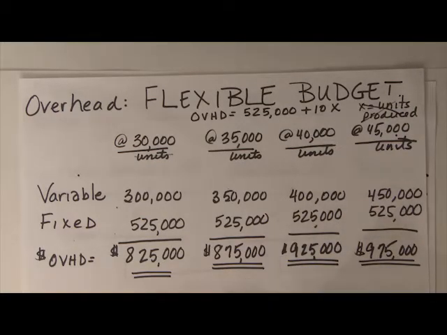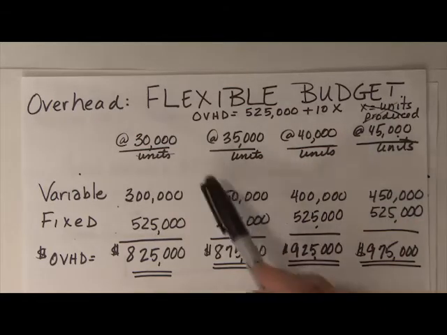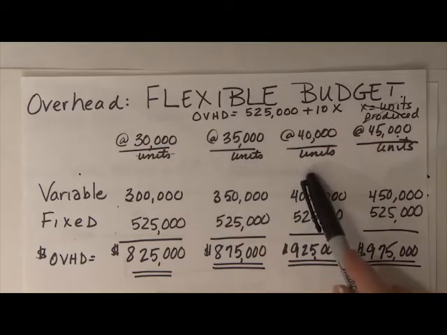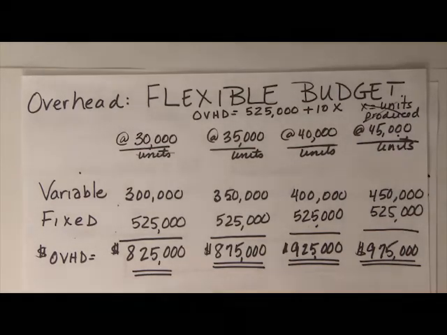But if a company produces multiple products, and each of these products requires different amounts of resources, it would be better here to use some kind of input variable such as machine hours or direct labor hours instead of an output variable such as units produced. The flexible budget has a lot of benefit for management because they can do the what-if analysis. What would the costs be if we were at this level versus a third level. So again, a very good management tool.